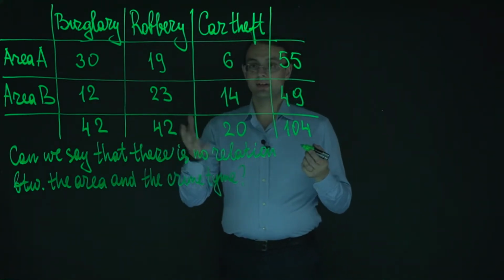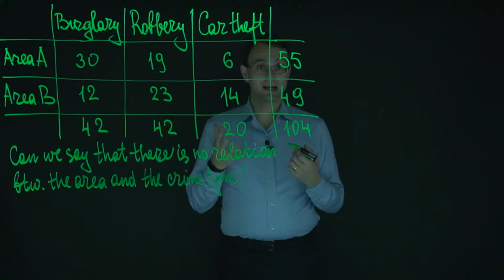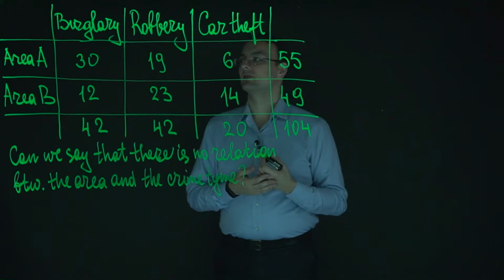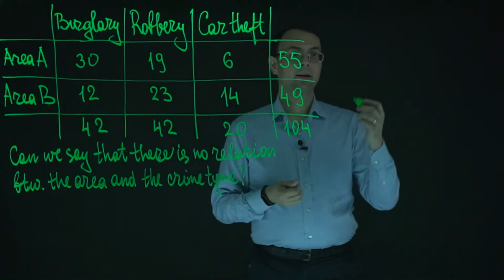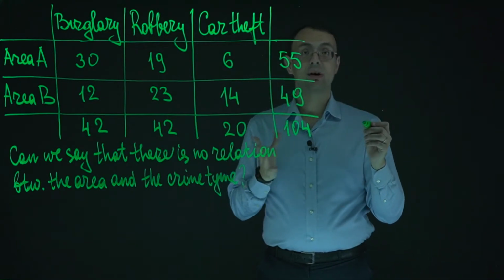As we see a contingency table, what we do is calculate the chi-squared statistic. First we say what hypothesis we are going to test.